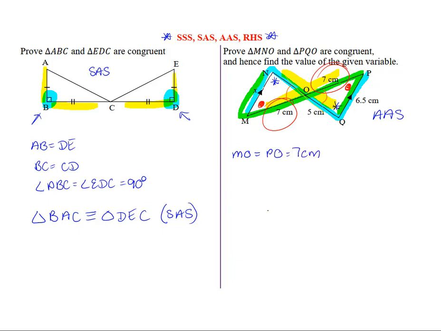Now go through my angles. It doesn't matter which ones you use. You just have to have 2 angles. So I'm going to go the corresponding, because then I say they're the same rule. Angle NMO equals angle, so my red one, QPO, angle MNO equals angle OQP, and the reason for both of these is they're corresponding angles.